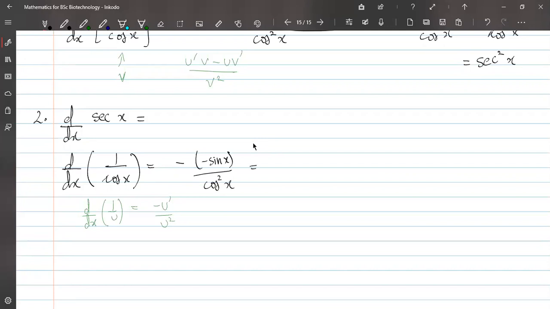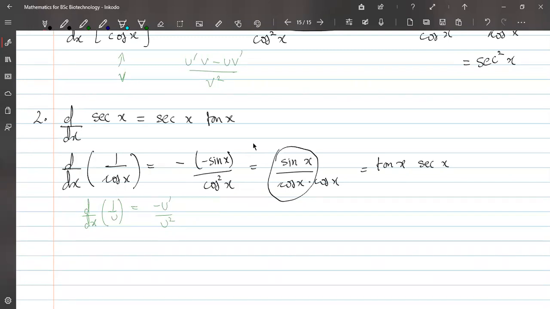So this is plus sin x by cos square x, which I will write as cos x times cos x, so that sin x by cos x is again tan x, and then 1 by cos x remains, which is secant x. So this is secant x tan x. Okay, derivative of secant x is secant x tan x.